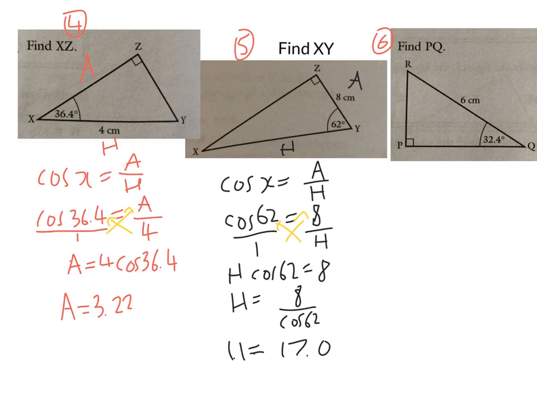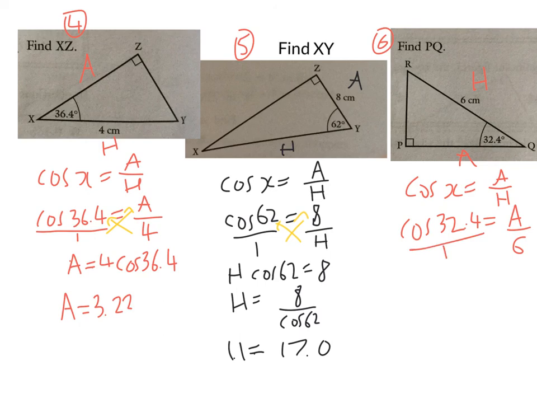Last one, we have to find PQ. It is adjacent to the angle. We know the hypotenuse, so it's cos x equals adjacent over hypotenuse, cos 32.4 equals the adjacent over 6.